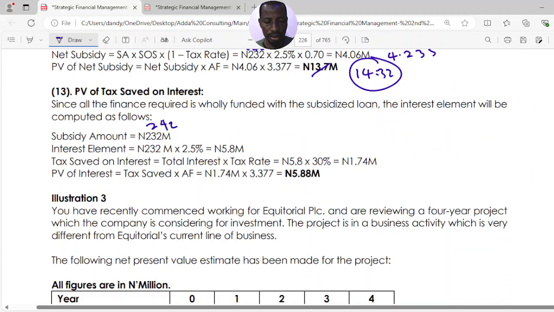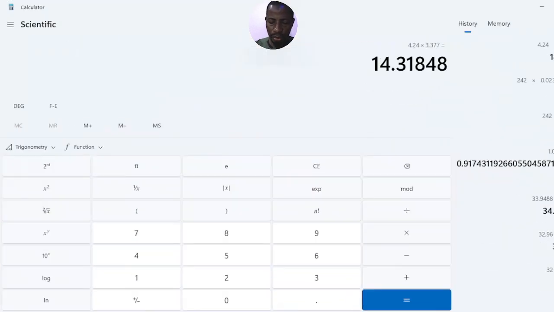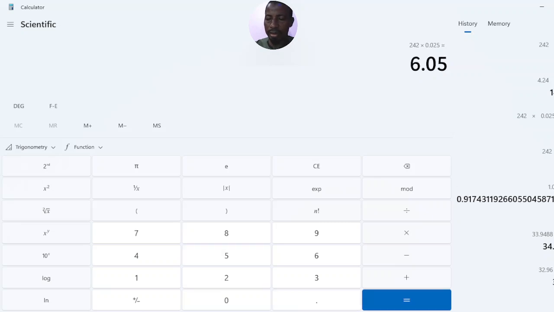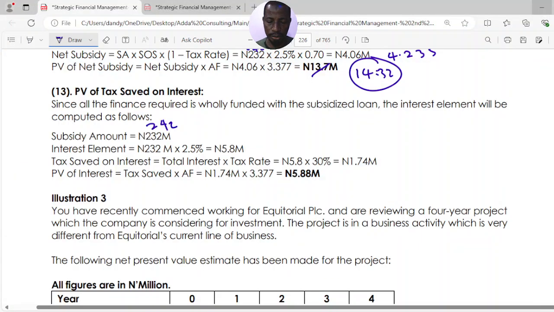So that will give us, bring out the calculator, 242 multiplied by 0.025. That's 6.05. So the interest element on the subsidized loan is 6.05.